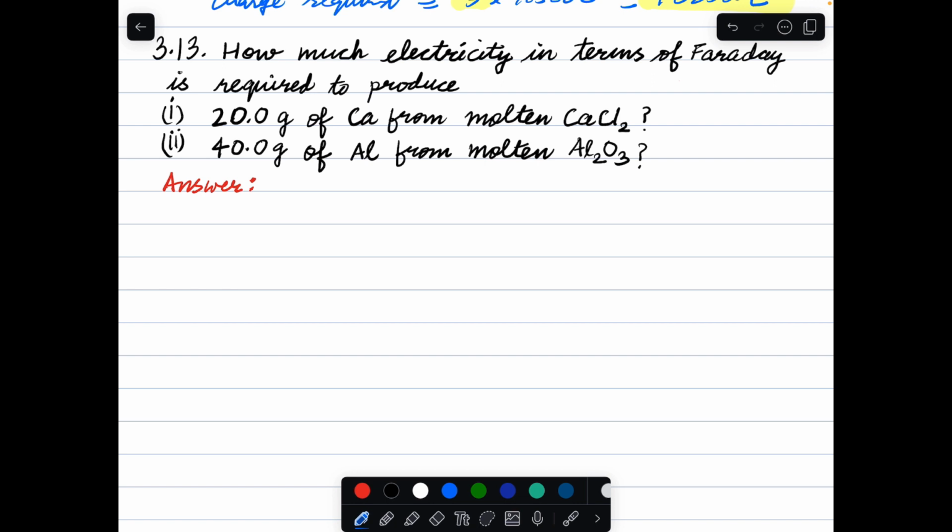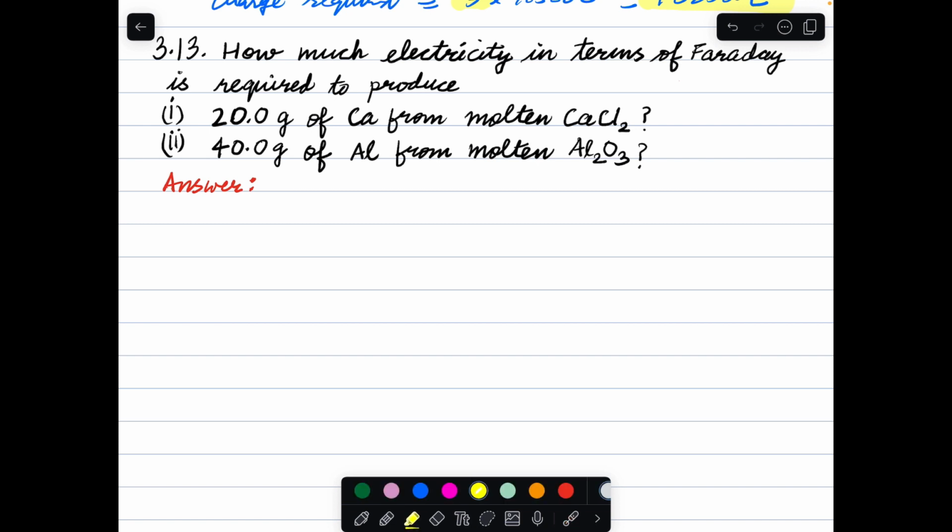First one, what they have given. How much electricity in terms of Faraday is required to produce 20 gram of calcium from molten calcium chloride and 40 grams of aluminium from molten Al2O3, that is aluminium oxide.